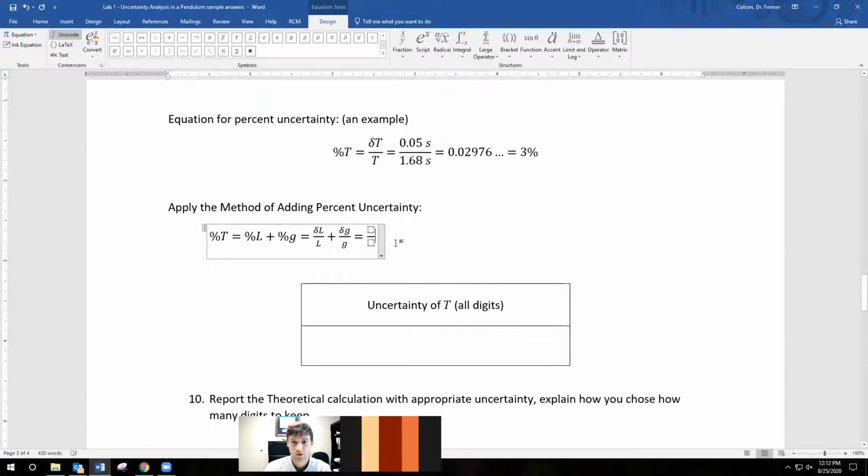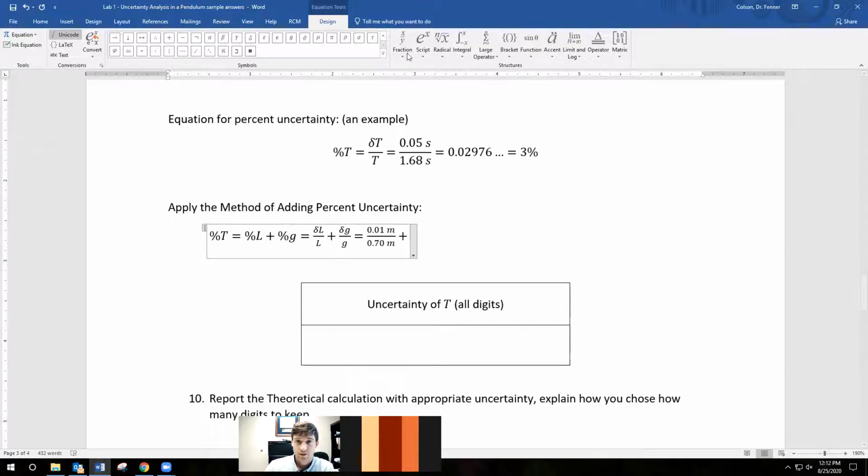Plugging those numbers in for the length, we had an uncertainty of 1 centimeter, or if we convert that to meters, it'd be 0.01 meters. And the length itself, I'm using 0.7 meters, but you'll repeat this for 0.8 meters.